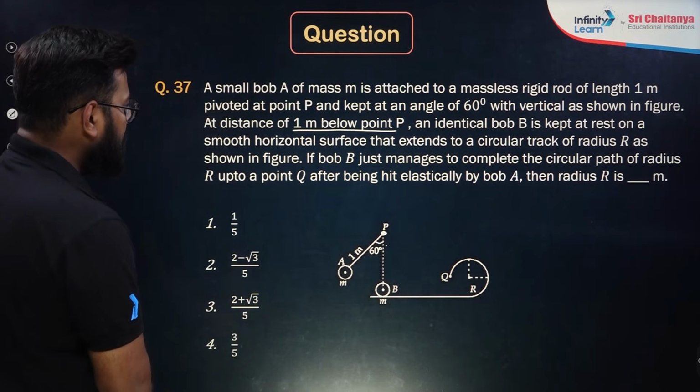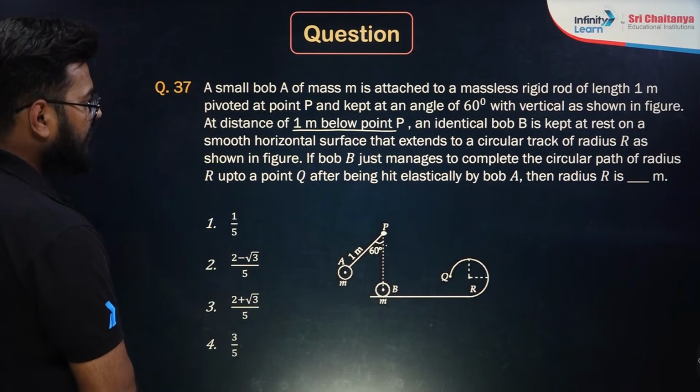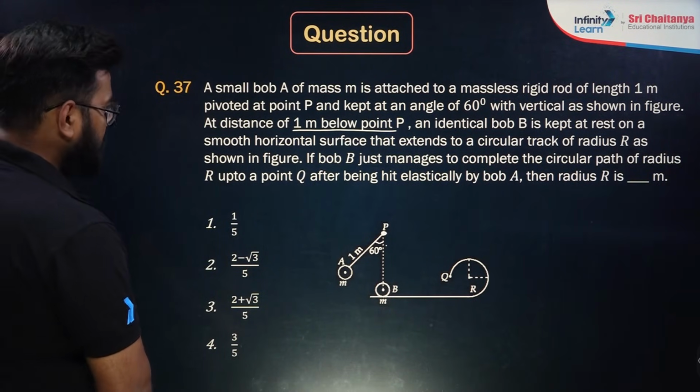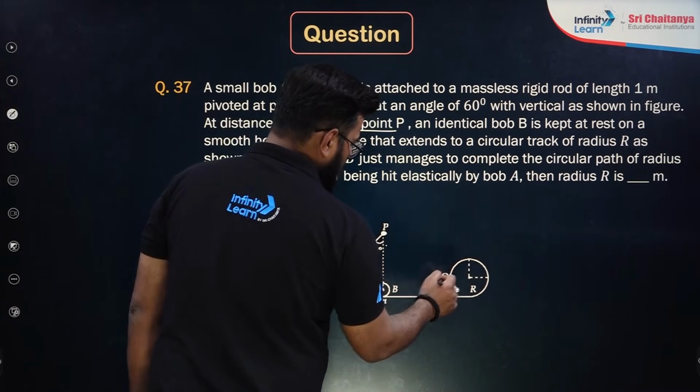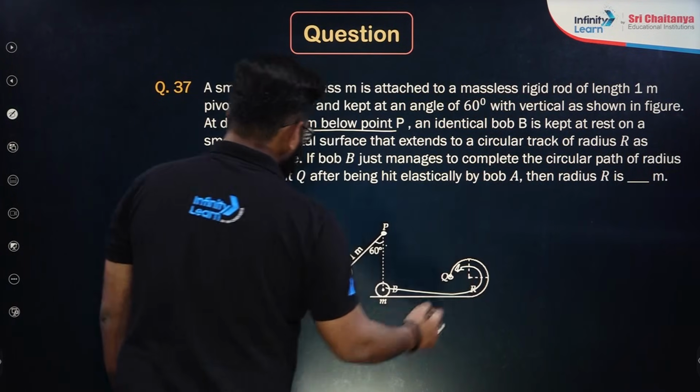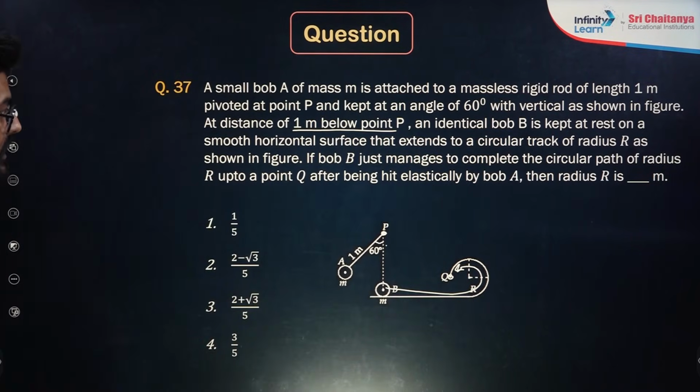If bob B just manages to complete the circular path of radius r up to a point Q, that means it is able to reach this point Q from here to here, after being hit elastically by bob A, then radius r is going to be.